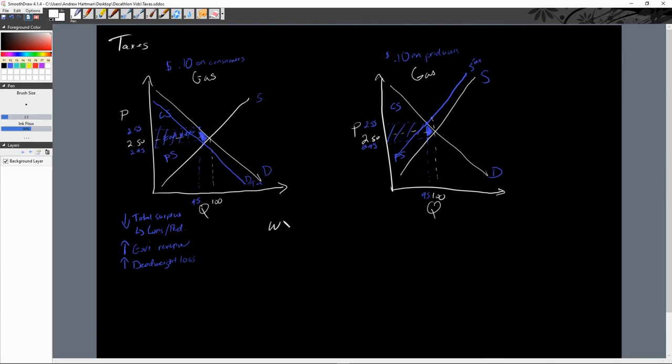So the question is, who bears the burden of a tax? And the answer to that depends on the elasticity of the product. So what I want to do here real quick, I'm going to erase some of this and then use this as kind of an example.